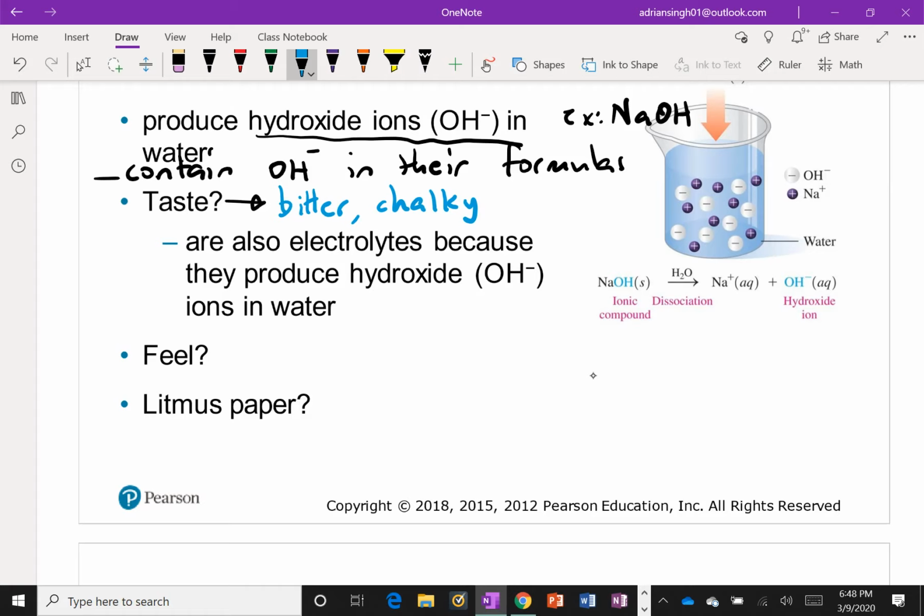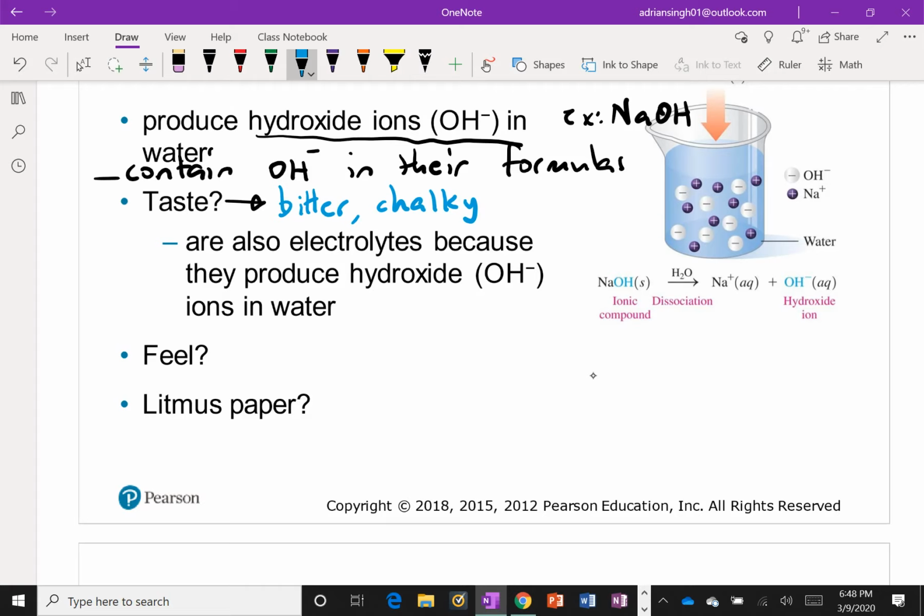When you tasted soap, either on purpose or by accident, it burned a little, right? So, you can do this at home if you want to, stick a bar of soap in your mouth and see what it tastes. But I'm going to tell you, it tastes bitter. It happened to me a lot when I was growing up. So a bitter taste associated with a base, and other types of bases also taste chalky.